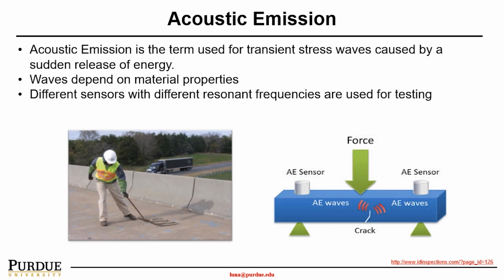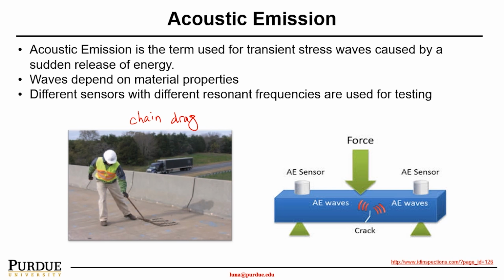Other than visual inspection, acoustic methods are often used for bridge inspection. Here is an example. On the left, the inspector is using a chain, so we call this the chain drag method. They drag a metal chain on top of the bridge deck, and by listening to the sound rebounding back to the inspector, they can identify whether there is a delamination on the bridge deck.